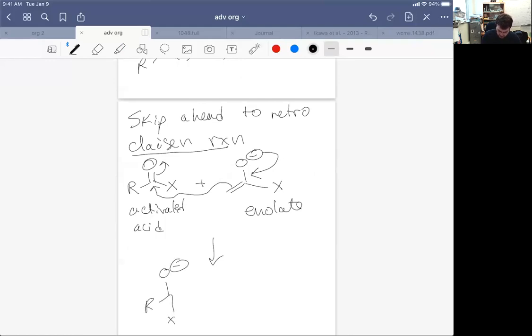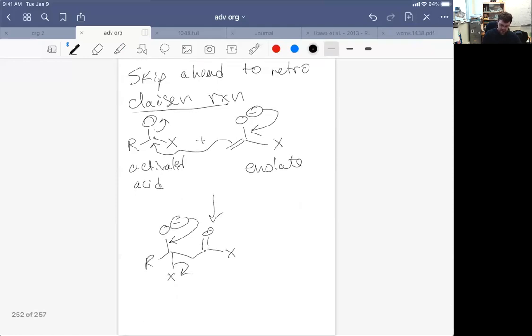Now, usually we stop at this tetrahedral intermediate and say, great, we've done an aldol reaction. But because we're on a carboxylic acid derivative, the negative charge will come down, reform the carbonyl, to give rise to a beta keto carboxylic acid derivative. Okay, so all of this is the forward Claisen reaction.